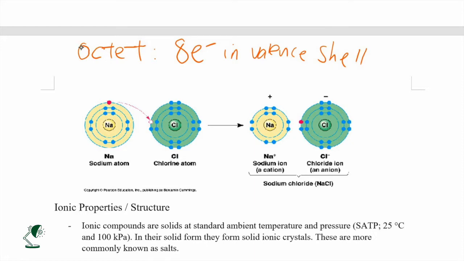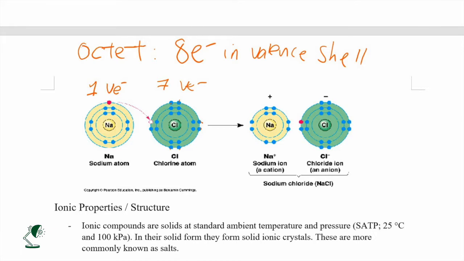Okay, so let's take a look at our sodium. How many valence electrons does our sodium neutral atom have? When we take a look at our outermost line here, we only have one valence electron, right? What about our Cl? Let's count: 1, 2, 3, 4, 5, 6, 7. We have 7 valence electrons.